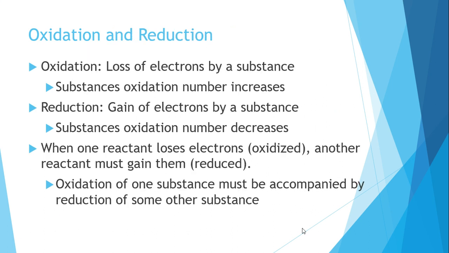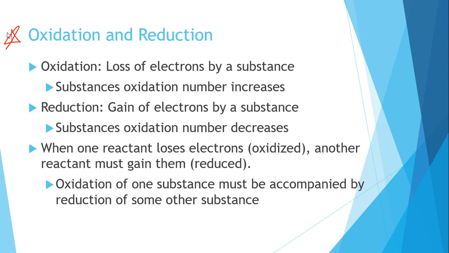So this is actually a big slide that I would have you write down to understand the difference. We talked about oxidation and reduction a little bit when we went over net ionic equations, so that's why it may sound familiar, but we're going to go back over it just in case you forgot anything. Oxidation is the loss of electrons by a substance, and typically this means that the substance's oxidation number is increasing.